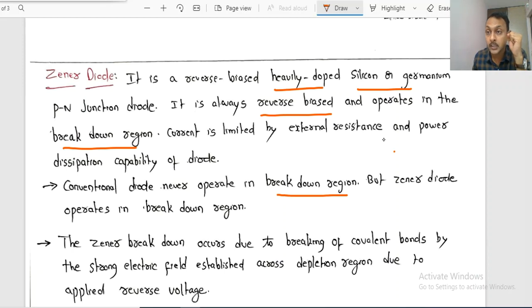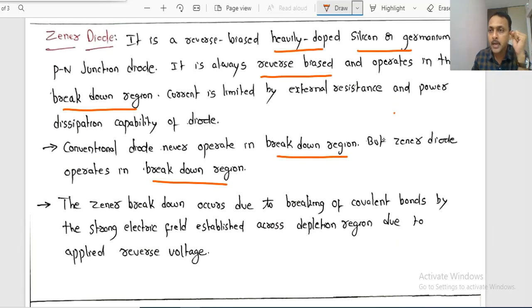Because the Zener operates in the breakdown region, excess current can be limited by providing some external resistance, and the power dissipation of the diode can also be limited with the help of external resistance.